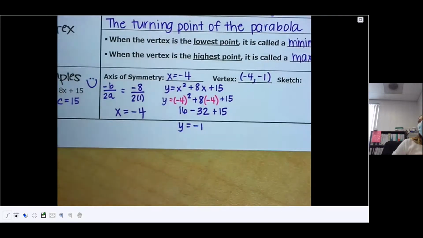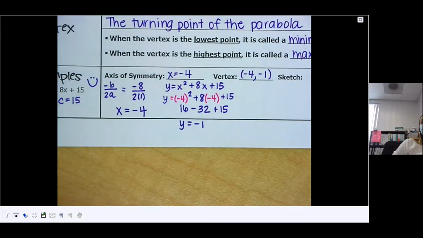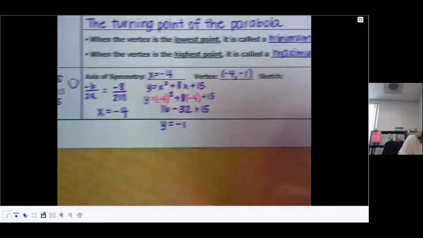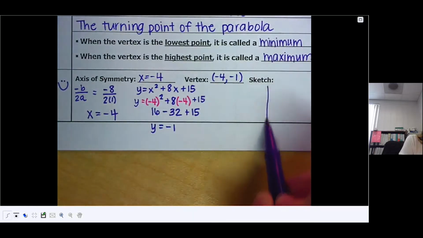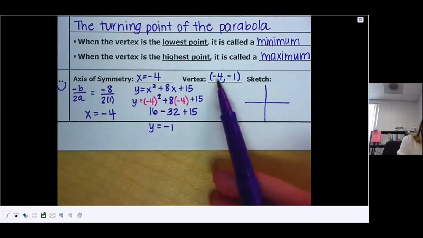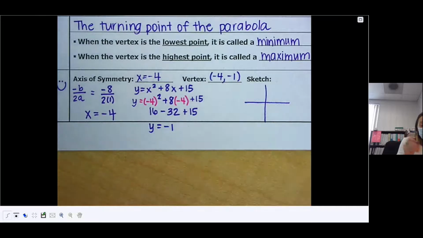And now we're going to take all of that and draw a picture. When I say sketch, I literally just want to see this and this on the sketch. So here's our sketch. We're going to go to the vertex at negative 4, negative 1, and plot a point.